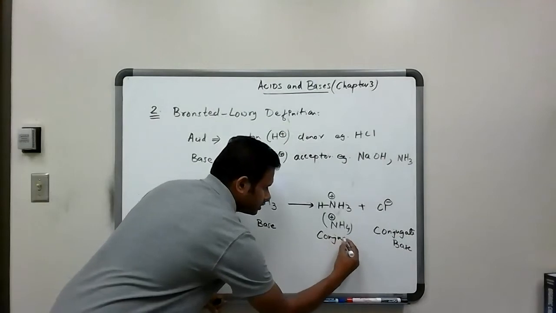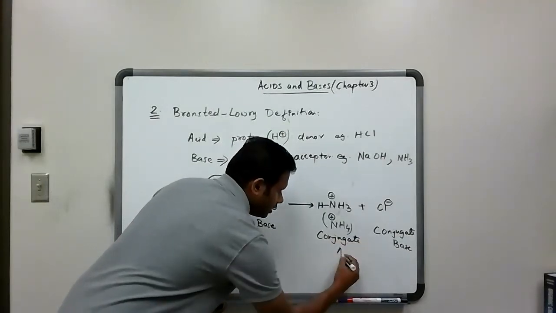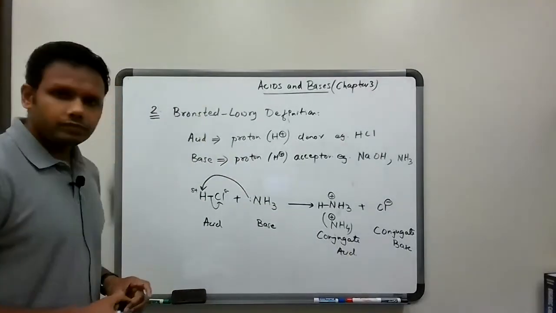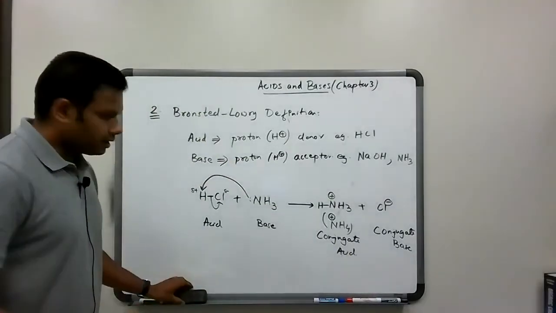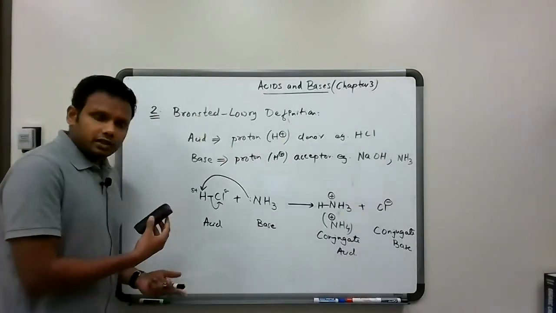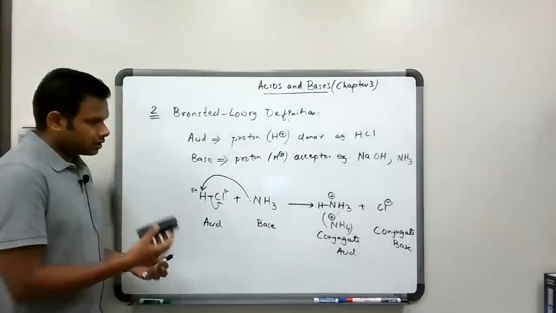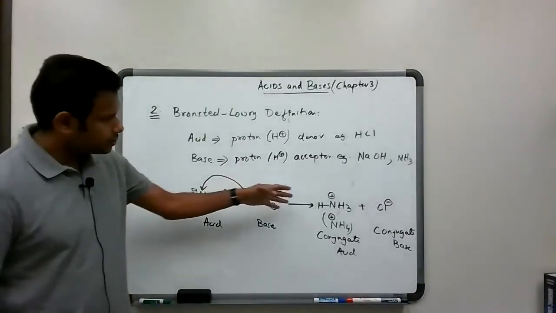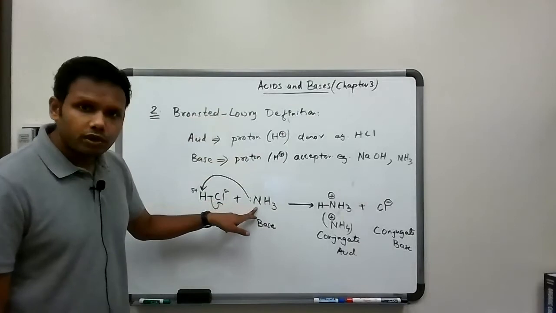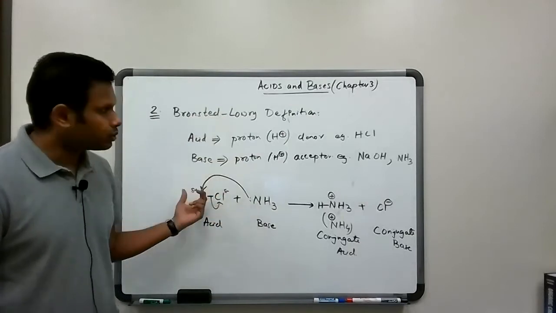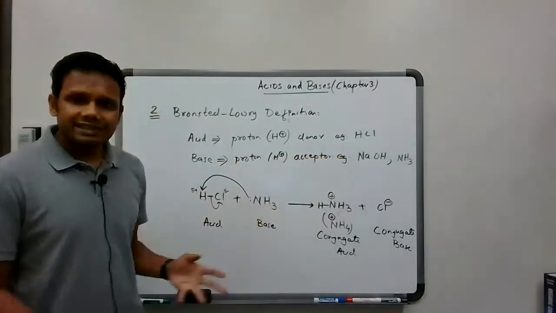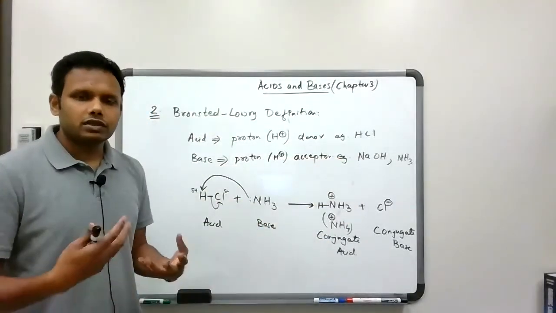That means this ammonium ion here is the conjugate acid. I hope that helps. The reason we did this is to show that under the Bronsted Lowry definition, ammonia is also a proton acceptor, which means it qualifies as a base. So we will say that ammonia is a Bronsted Lowry base.